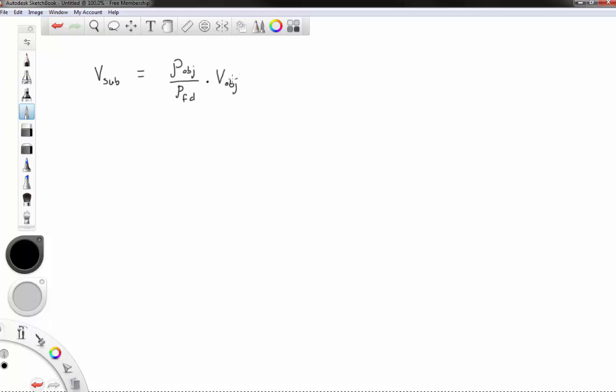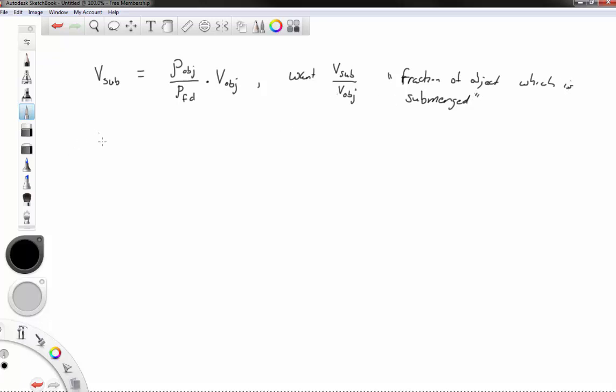And recall that the actual thing we're looking for is the fraction of the object which is submerged, which is basically this ratio right here. We'll just call it the fraction of the object which is submerged. And so that is the total volume of the object.